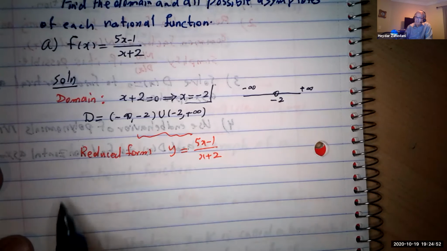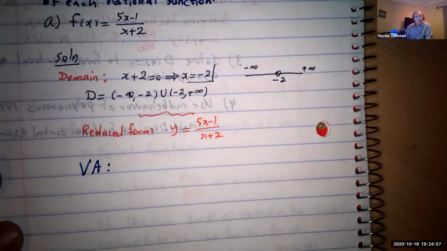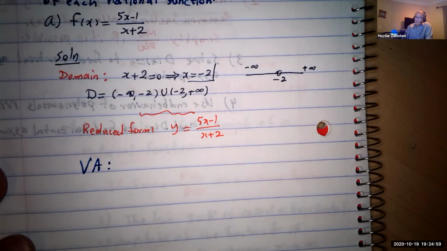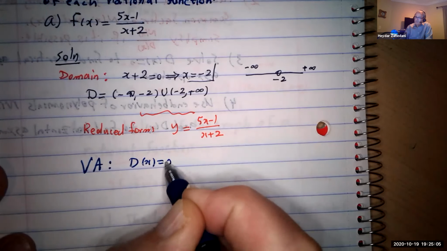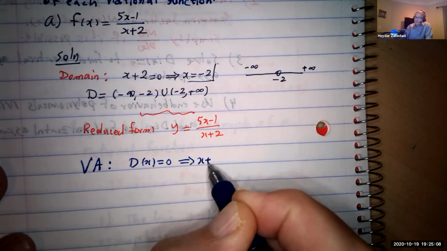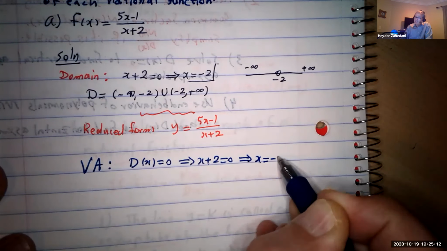The vertical one is easy. The vertical asymptote is x equal to, you let the denominator equal to 0. So x plus 2 equal to 0, and the result is x equal to negative 2.